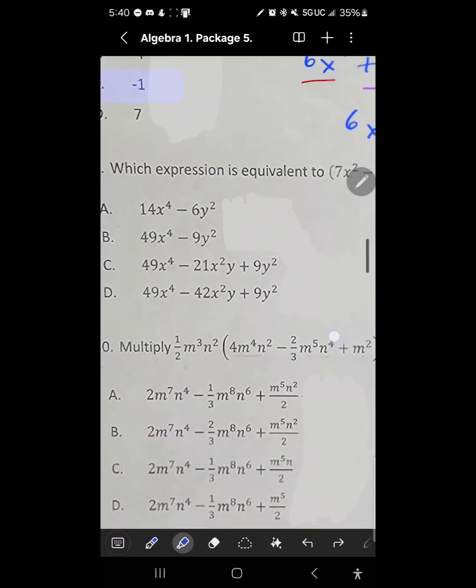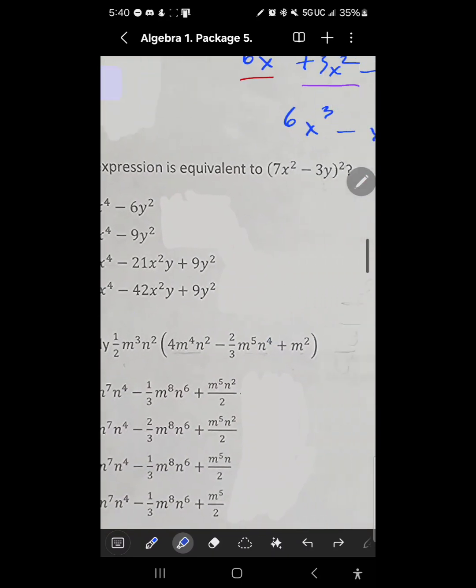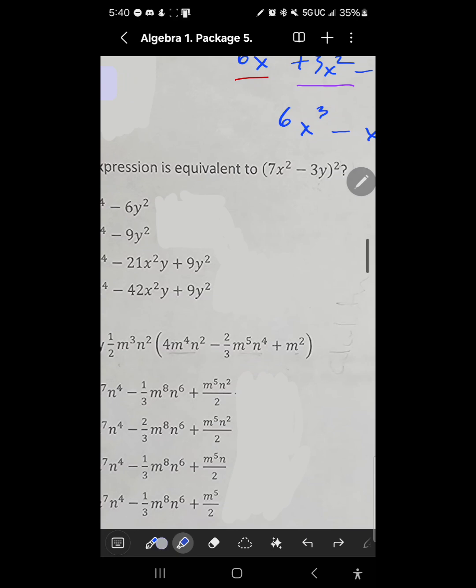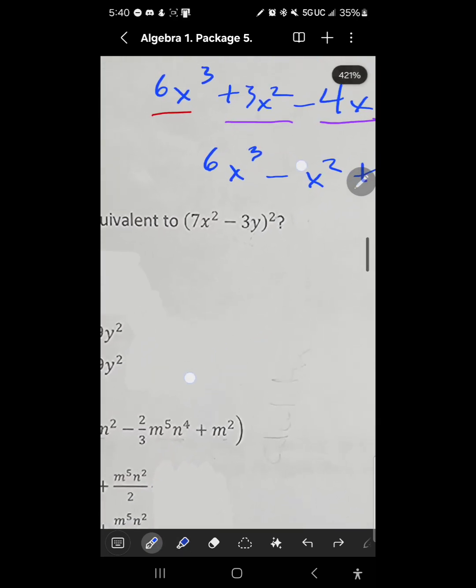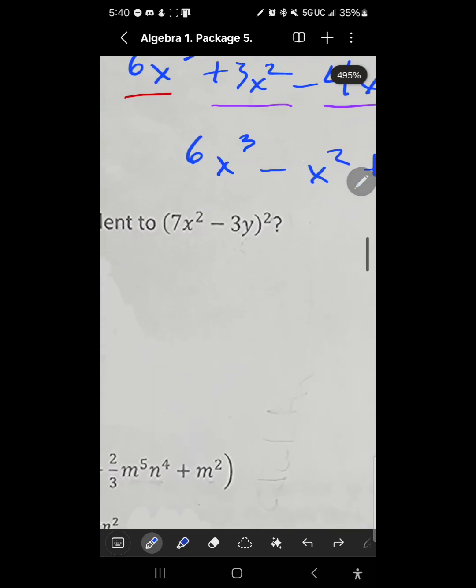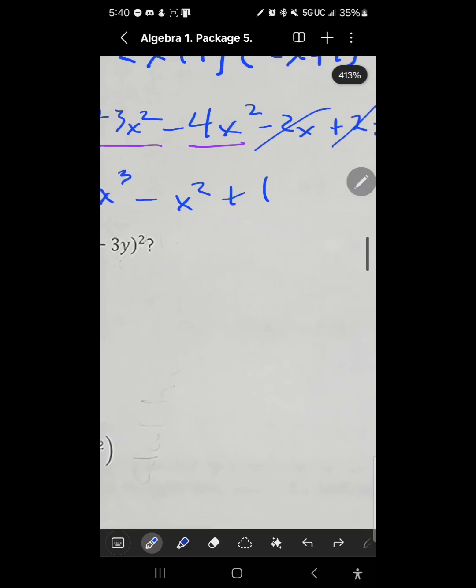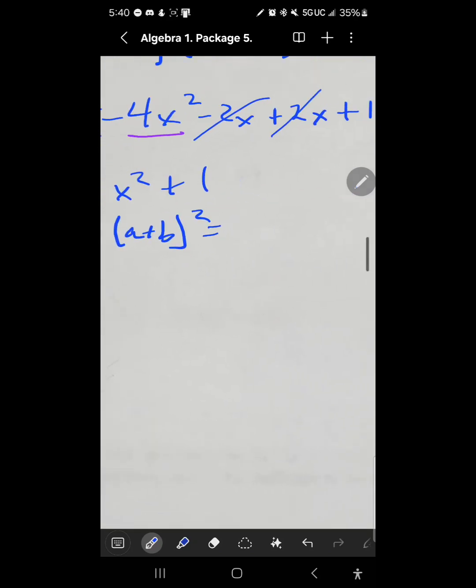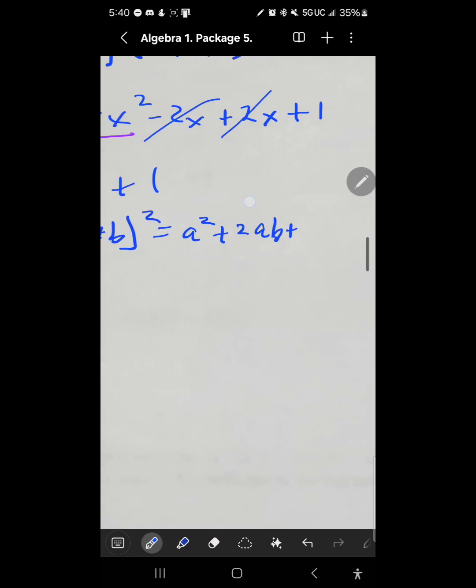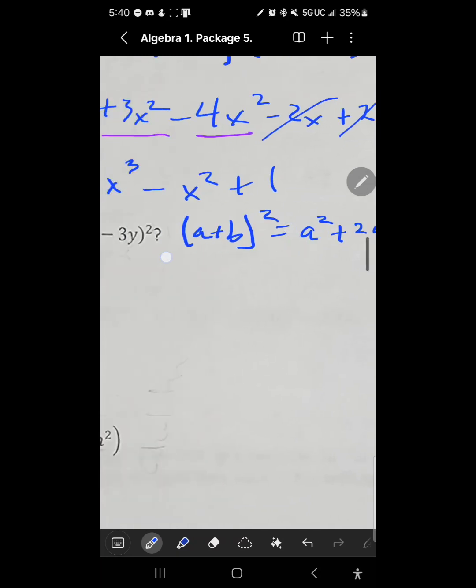Now, which expression is equivalent to 7x squared minus 3y, all squared? So let's see. If you remember the formula, a plus b squared equals a squared plus 2ab plus b squared.